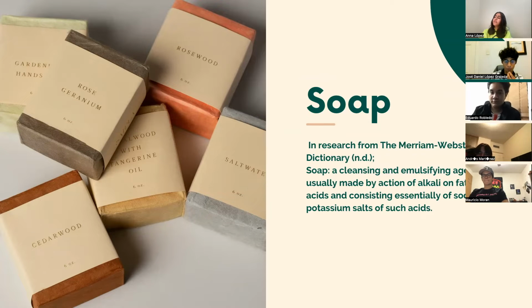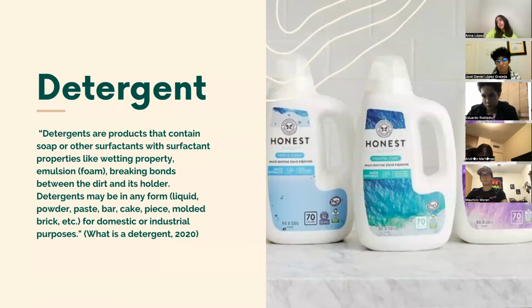To start, we decided to search the meaning of a soap and a detergent. A soap is a cleansing and emulsifying agent, usually made by the action of alkali and fatty acids, and consists essentially of sodium and potassium salts of such acids.